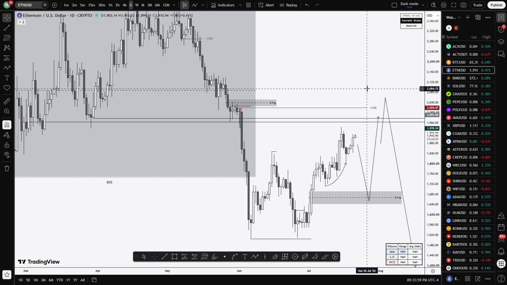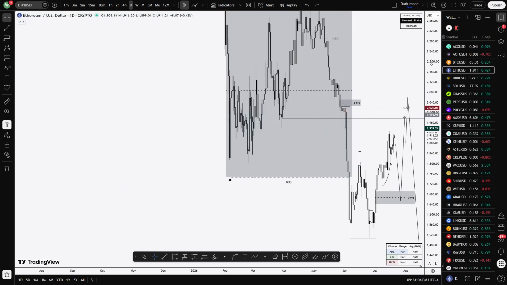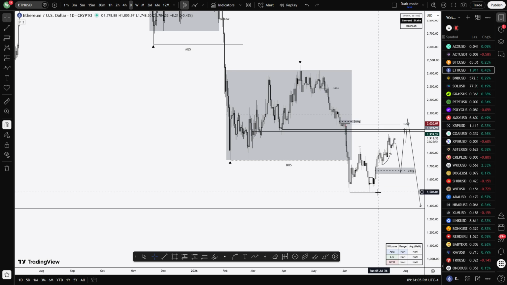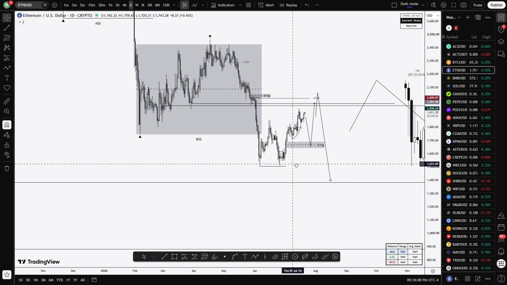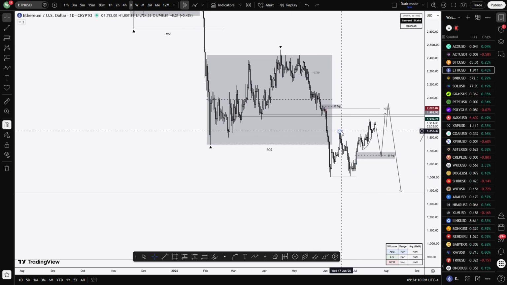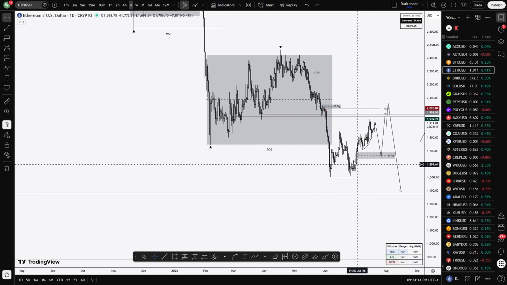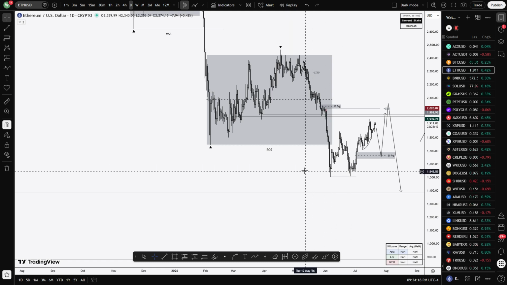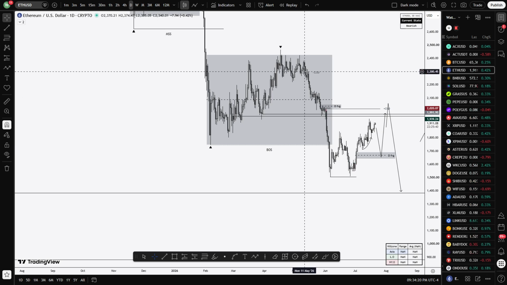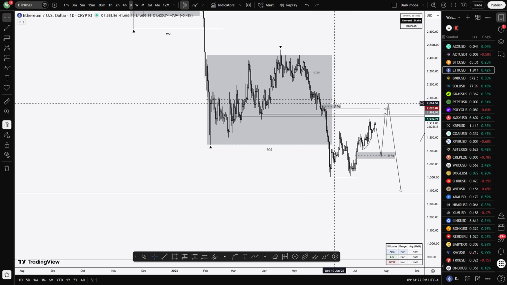I'm still bearish on Bitcoin short term. Yes, I'm saying short term because I feel we're close to a reversal point on BTC, in fact, in the crypto market.